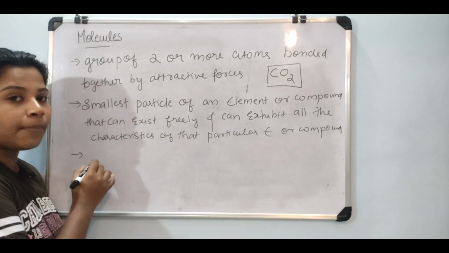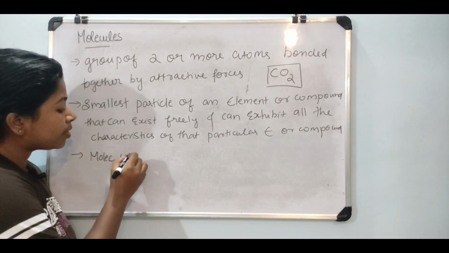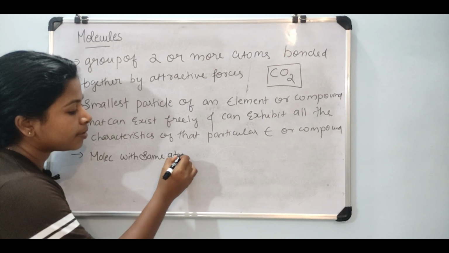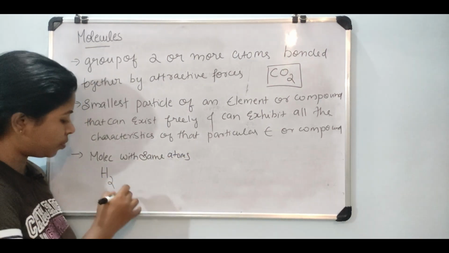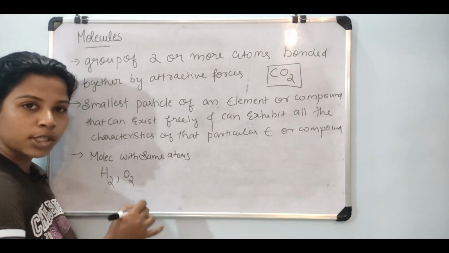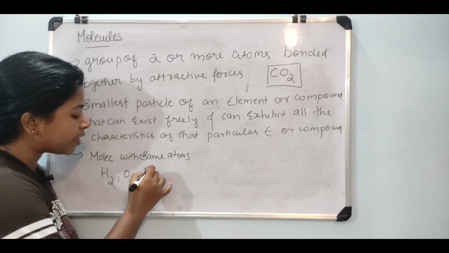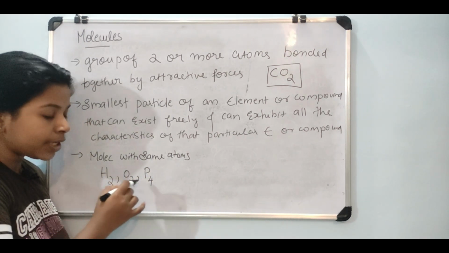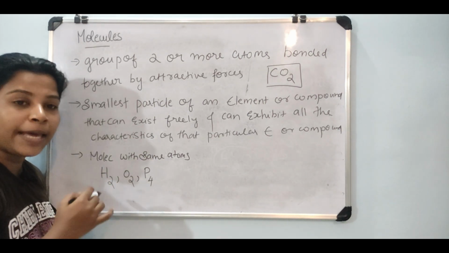So, for example, molecules with the same atoms. See, molecule of hydrogen H2, molecule of oxygen O2, molecule of phosphorus P4. Followed? In all these molecules, you can see the atoms are of the same element.